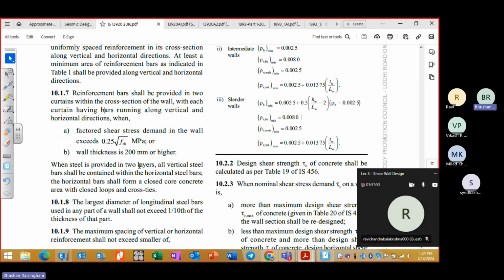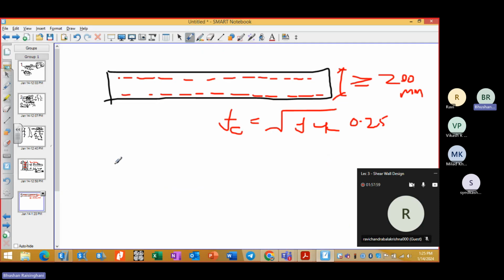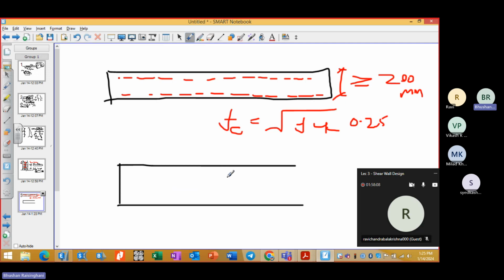When steel is provided in two layers, all vertical steel bars shall be contained within the horizontal steel bar. So now we go towards the detailing. I'll just draw a small section. So these are your vertical bars.